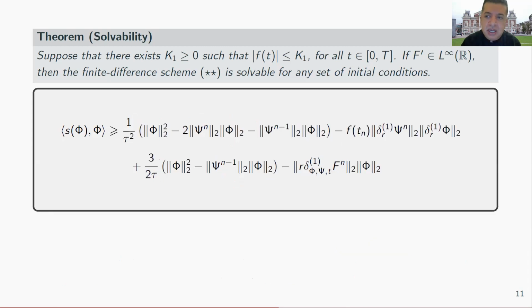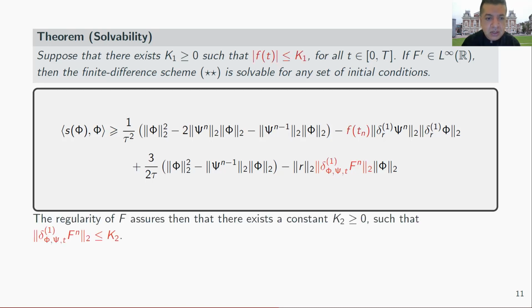So let's perform the inner product of the function S and psi. And taking into account the function f is a smooth function, we can say that there exists a constant k that satisfies this inequality.